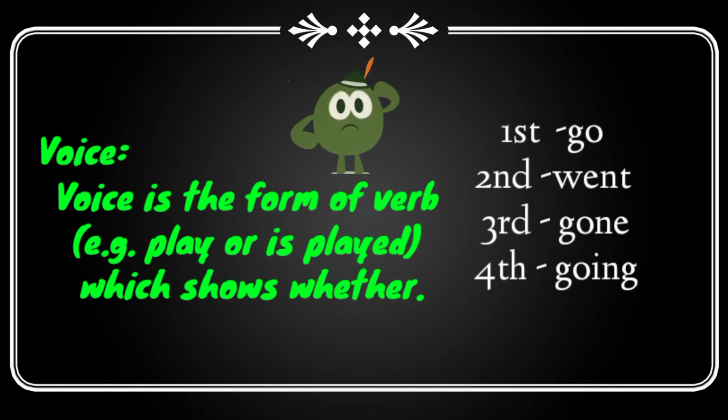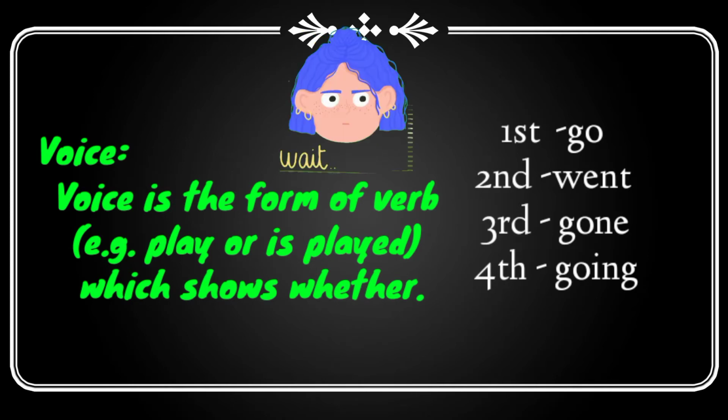So this voice doesn't mean that kind of voice like sound, etc. It is a grammatical term in grammar that is used with active and passive voice. So the voice is the form which shows whether.